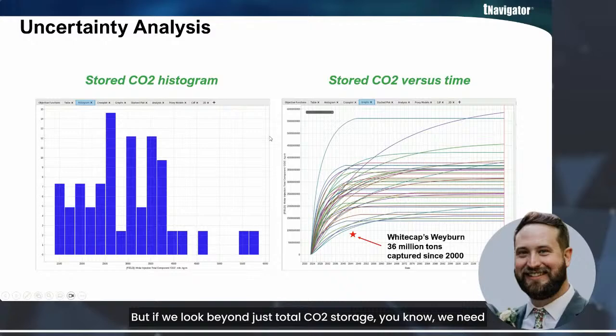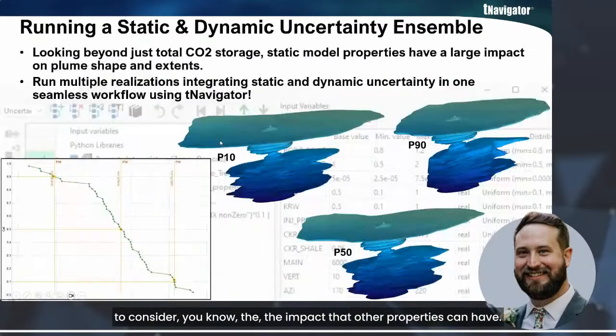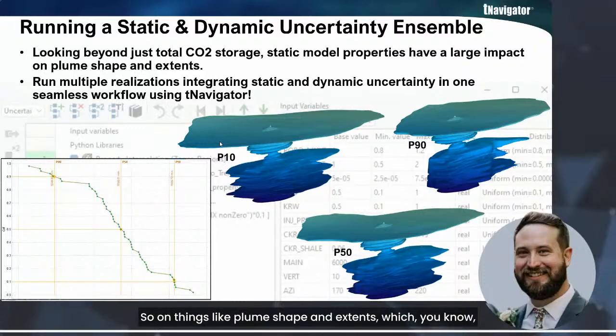But if we look beyond just total CO2 storage, we need to consider the impact that other properties can have, on things like plume shape and extents, which many companies need to consider because they need to know where that plume goes. If it's going outside of the area they've licensed, they would need to know that, right? So what we would do is run multiple realizations where we apply variance at both the static and dynamic level, where we would see a changing plume shape as it relates to how much CO2 we're able to inject, right?